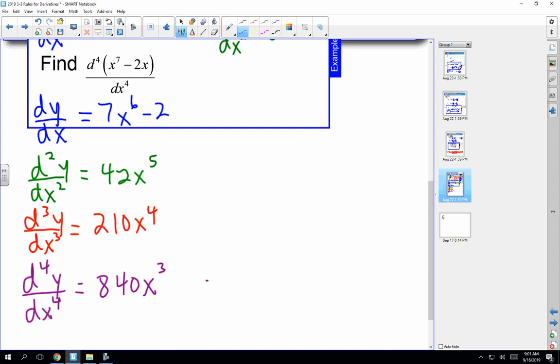So that's my fourth derivative. And you keep going until you hit a point at which the derivative is equal to 0. And it's just going to keep being 0. The derivative of constant function 0 is 0.